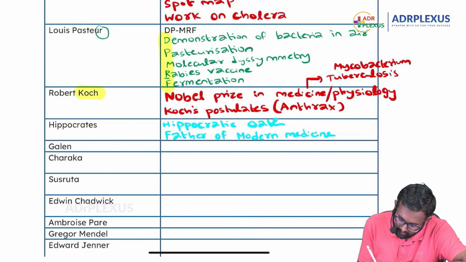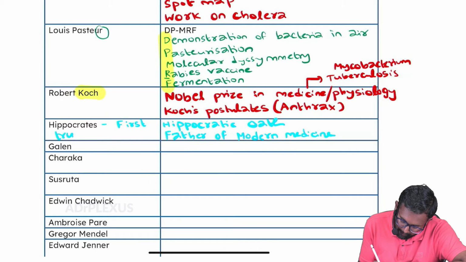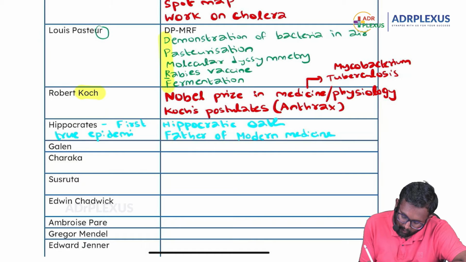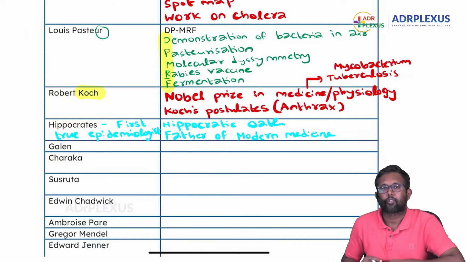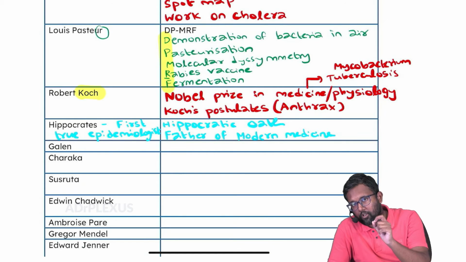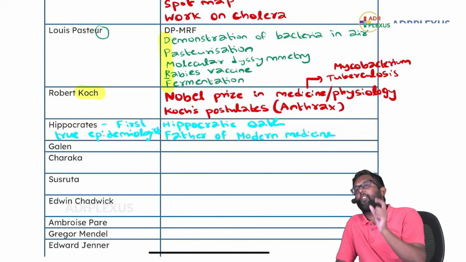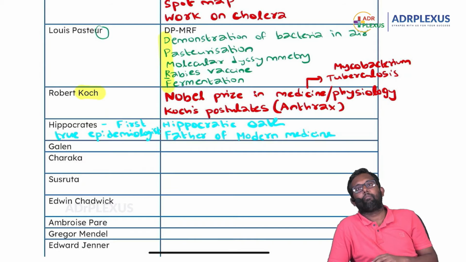He is known as the first true epidemiologist because he discovered what is an endemic disease and what is an epidemic disease. Hippocratic Oath, father of modern medicine.